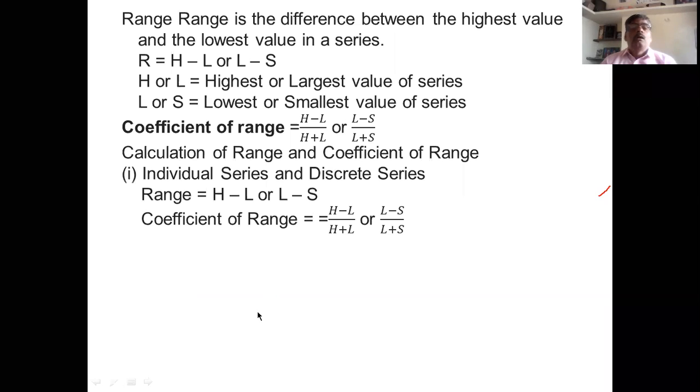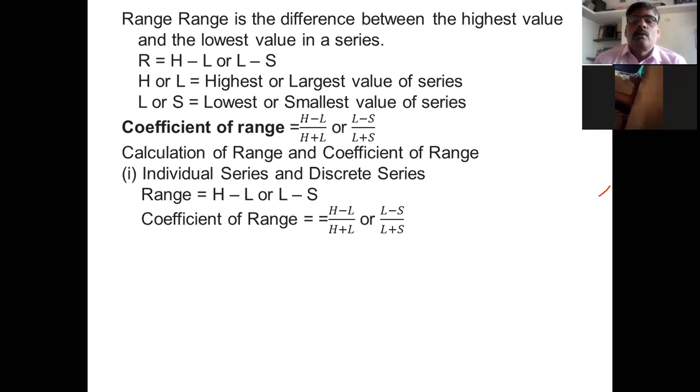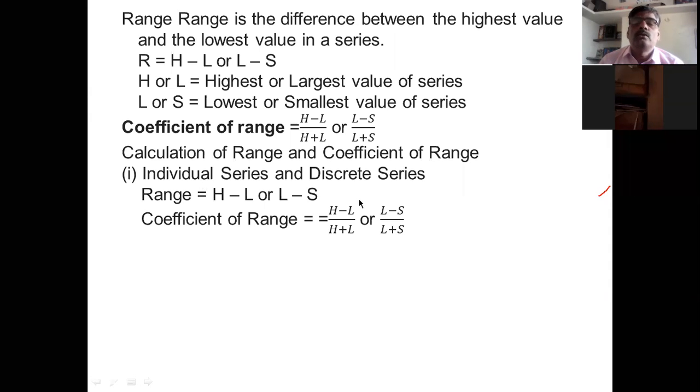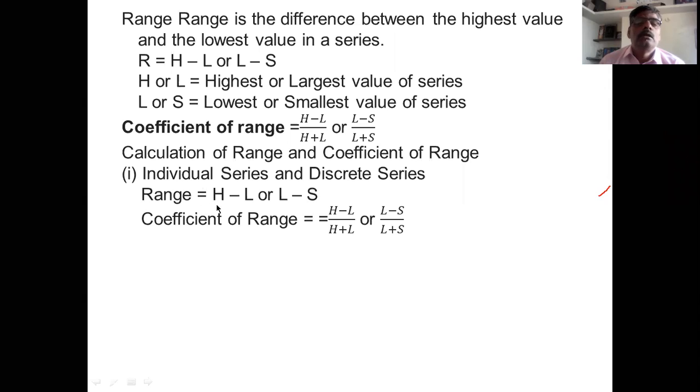Then how to calculate the range for an individual series? If the individual values, a discrete series, are given, the range absolute measure is equal to H minus L. This is the equation.